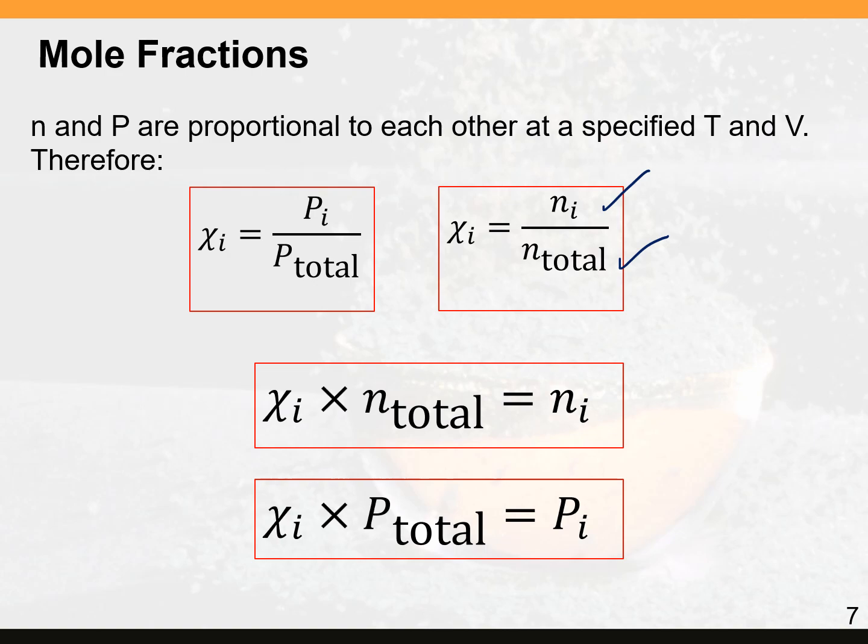And because pressure is directly proportional to the number of moles, you can also calculate the mole fraction using the partial pressure of the component divided by the total pressure. This allows us to come up with an expression to calculate the partial pressure of the component i, by multiplying its mole fraction with the total pressure.